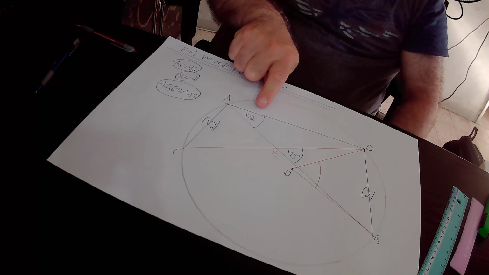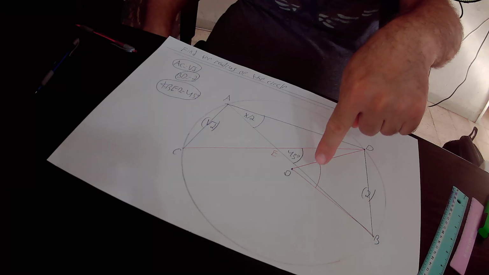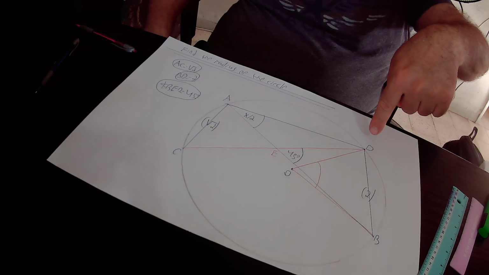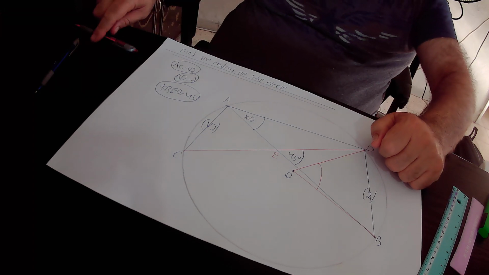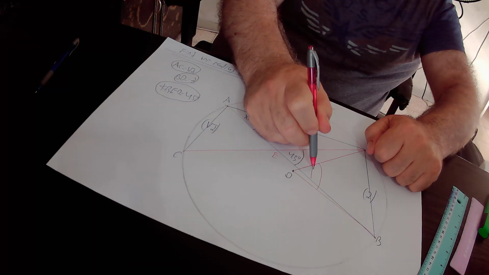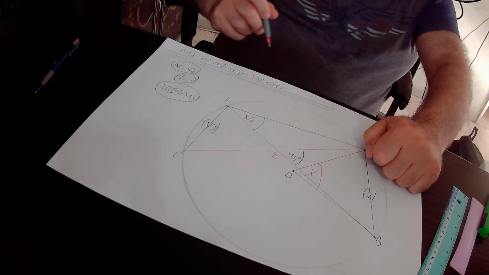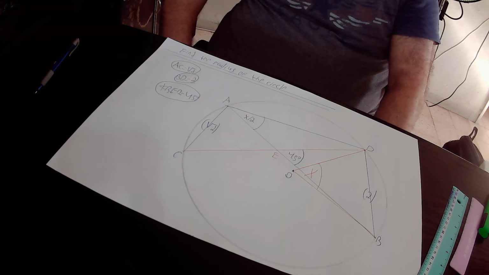The size of this peripheral angle DAB is x over 2, therefore the size of this central angle DOB that is subtended on the same chord called DB must be equal to x. According to rule 13, of course.